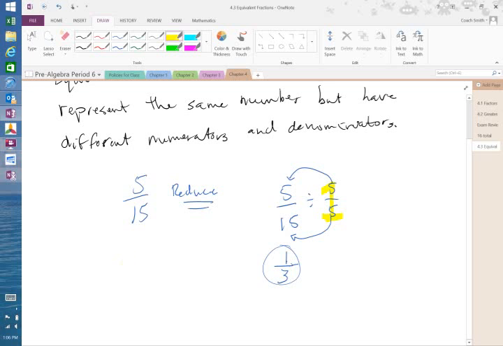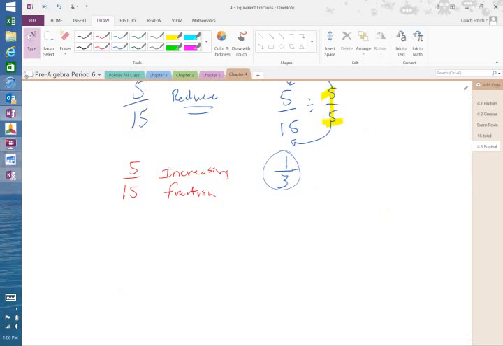The other way that we can create an equivalent fraction is by increasing the fraction. Okay. One way that we can increase it is by taking 5 over 15 and multiplying it by 2 over 2.